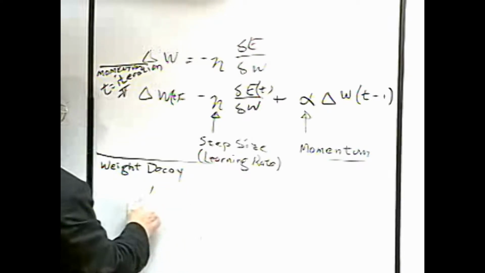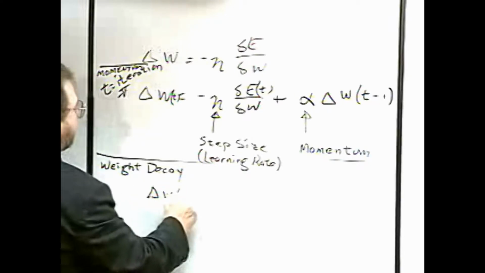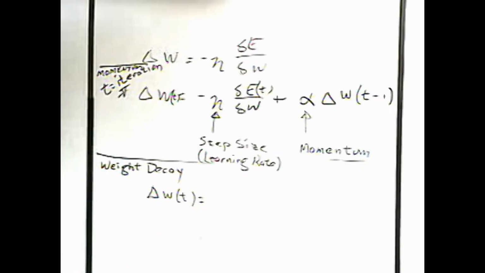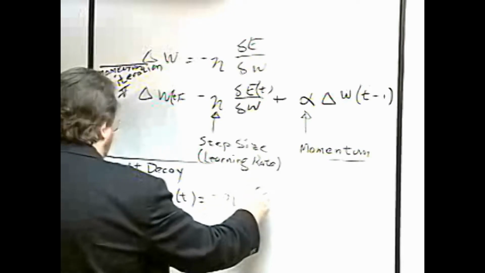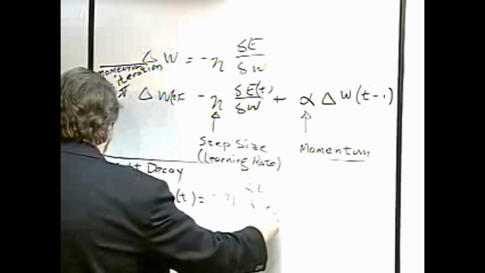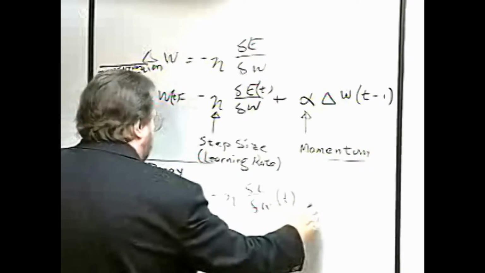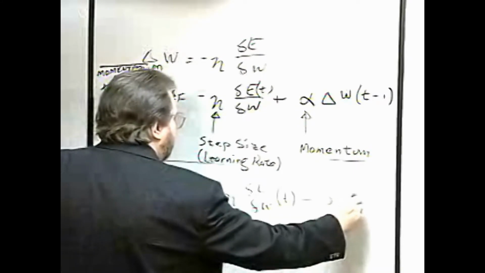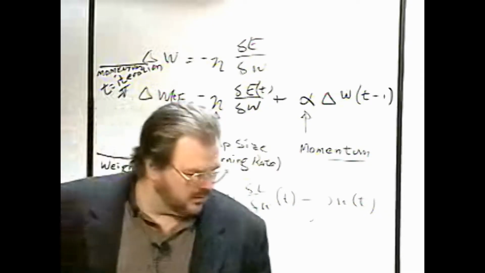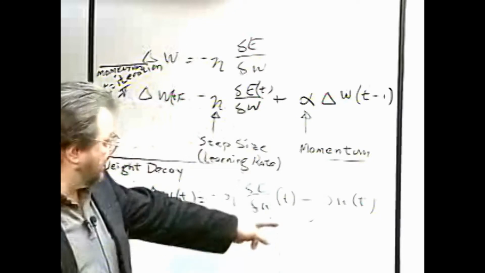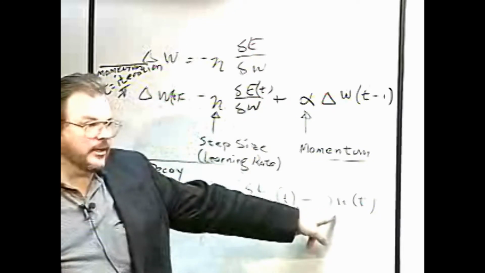For weight decay, we take the basic same error propagation rule, delta W of t, and we replace it by the standard steepest descent relationship, and then we actually subtract off a percentage of the previous weight. Now notice this is not the delta, this is the previous weight.